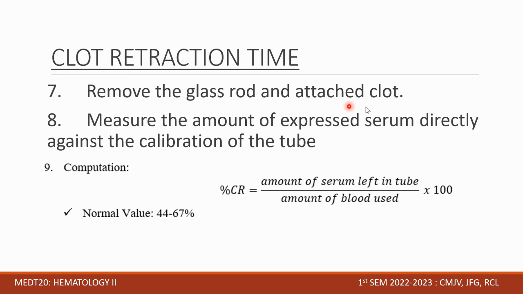After removing the glass rod and the clot, there will be serum left there. That is what is measured. So, the amount left, divided by the amount you used, times 100, gives you the percent clot retraction. The normal value here is around 44 to 67%.